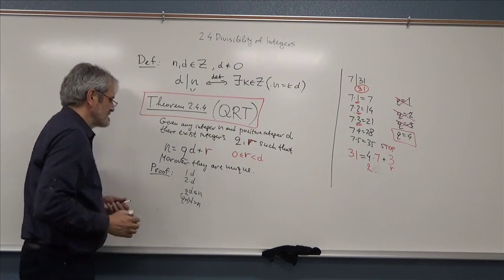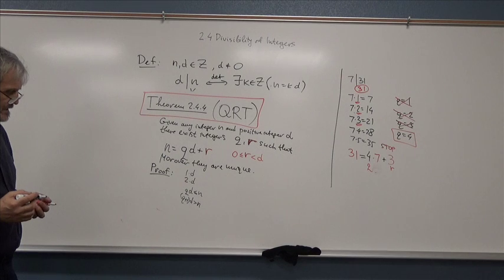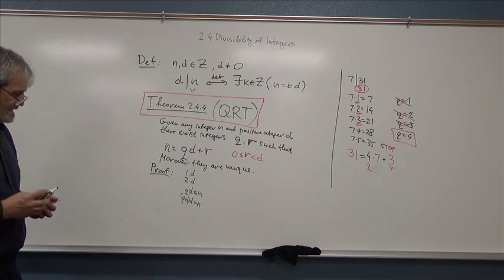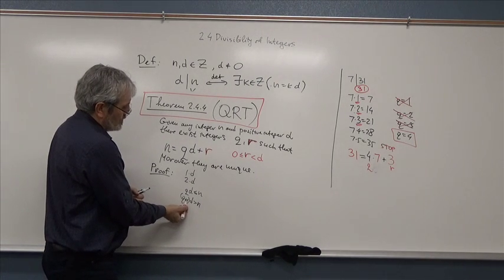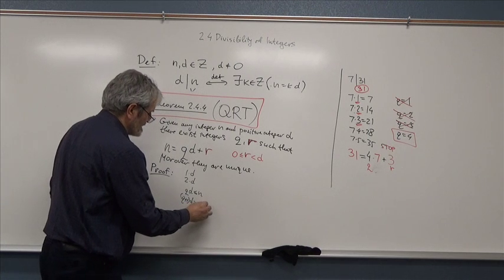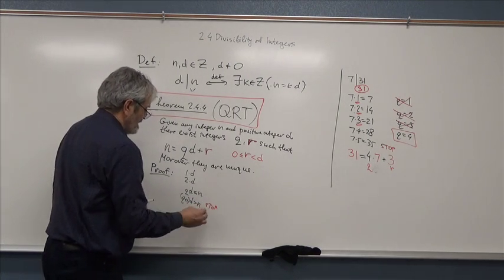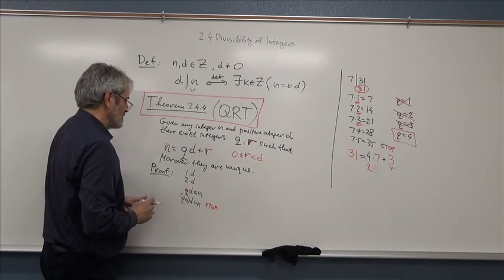So you are looking for the first time that (q plus 1)d will exceed n. And that has to happen because at least if you go to n, nd will be bigger than n. So when that happens, we say stop. And then we claim that that q is the q that we want.